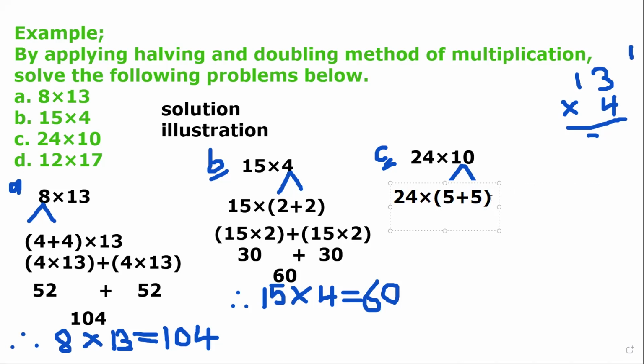So you first write or draw your brackets here, and then you state that number, which is the half of the 10, to multiply that plus the other half, which is also 5. Okay, good.